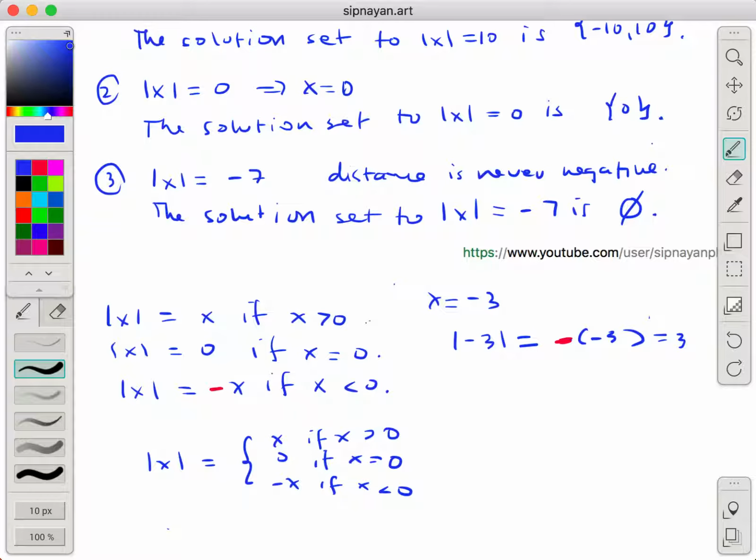Okay? So familiarize yourself with this notation kasi usually ginagamit din yan sa mga higher math. Pagdating nyo na ng calculus or ng pre-calculus, I think this notation is already used.